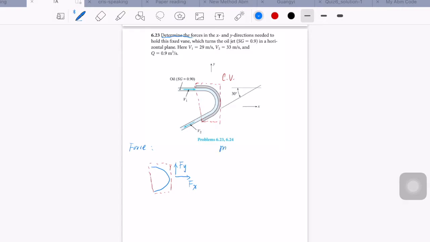So, we know this is m dot times v1. This is m dot times v2, and this is 30 degrees.